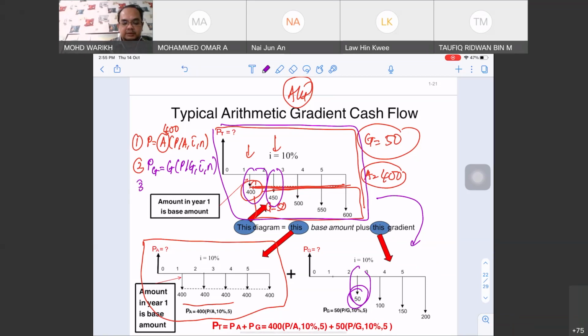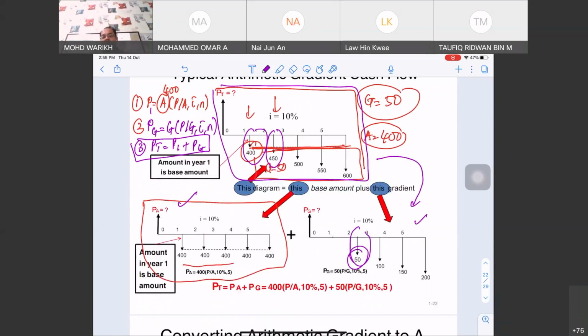So the last one is the total. Now P1 plus P2. Make sure that you calculate each one: the normal one here for the A1, and the second one is the gradient.